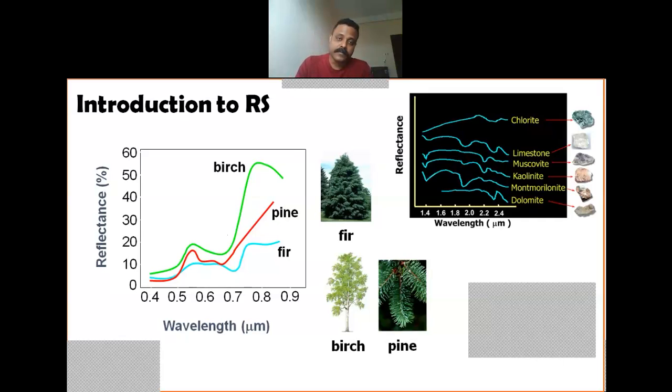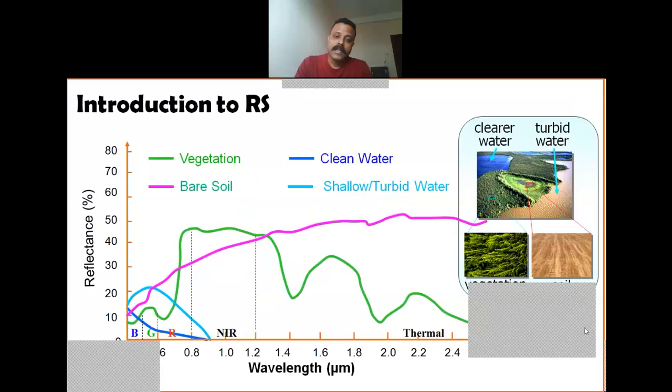Again, look at this slide on the right hand upper corner. You see that these are different kinds of land use or land cover patterns which we often see normally. What are these?